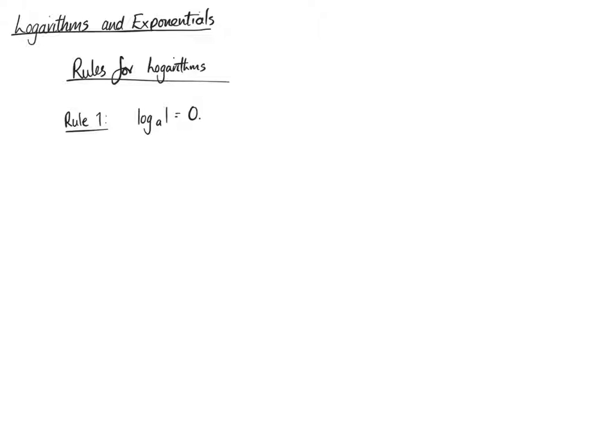And the exponential law that this is linked to is we know that a to the 0 is equal to 1, and we can rearrange that, and that gives us our log to the base a of 1 equals 0. So that's just a rule of logarithm graphs, is that they always cross the x-axis at 1 unless they've been shifted by anything else. If it's just log to the base something, it always crosses the x-axis at 1.